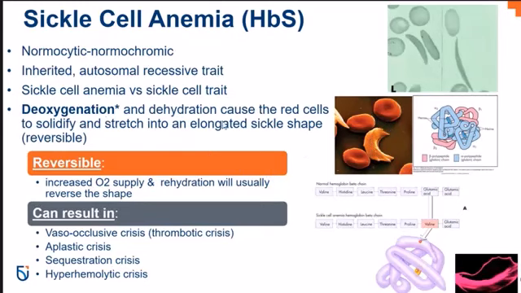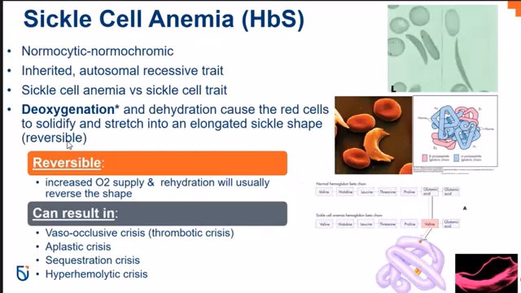Deoxygenation and dehydration, but certainly deoxygenation is the biggest cause of the red blood cells going from their normal size and shape to this sickled shape. And when it's sickled, it's very rigid, and so it's not going to be able to move through blood vessels properly, which can cause major problems in the affected person.